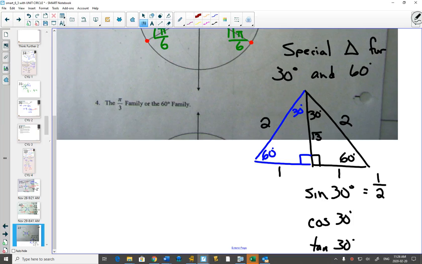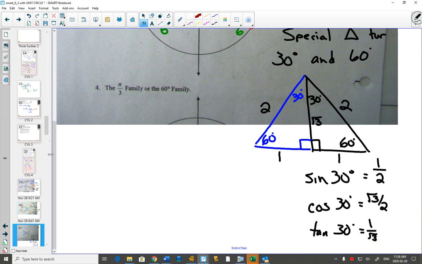Cos of 30 degrees, adjacent over hypotenuse, root 3 over 2. Tan of 30 degrees, opposite over adjacent, 1 over root 3. And just like we did before, I'm going to rationalize to make it root 3 over 3.